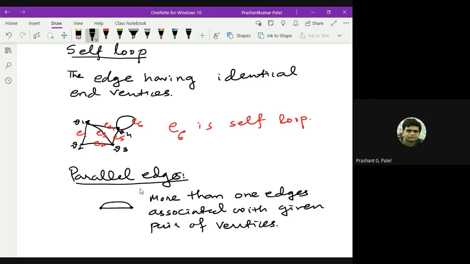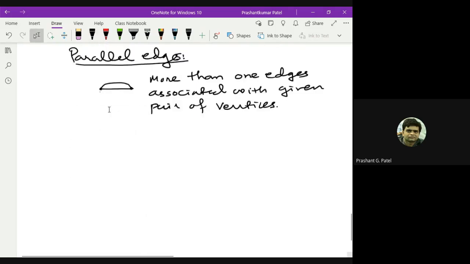For example, if I draw a graph like this, this is one graph, and V1, V2, V3 and V4 are the vertices, and E1, E2, E3, E4 are the edges.